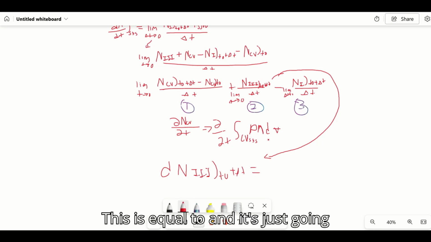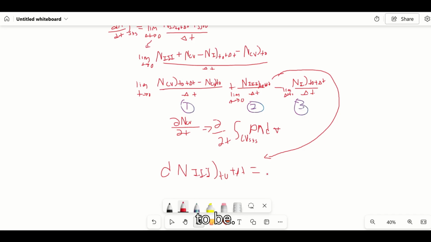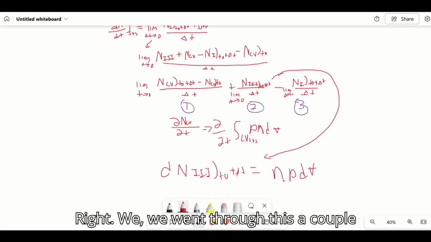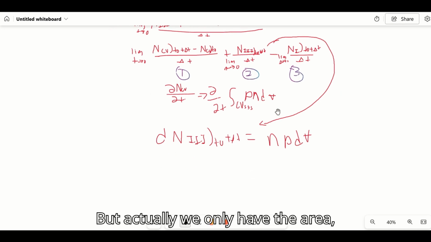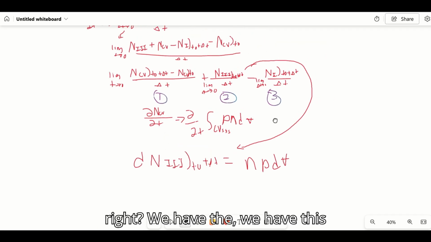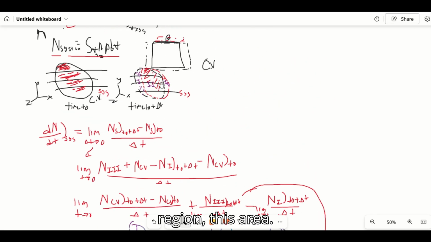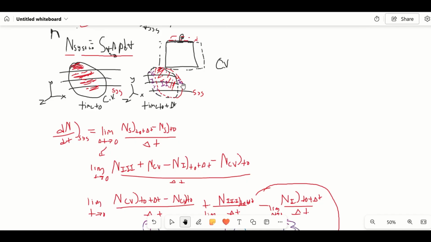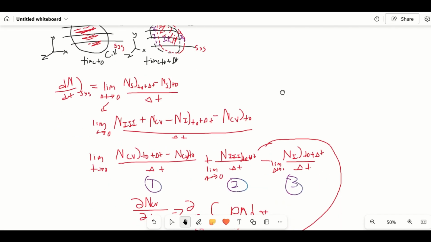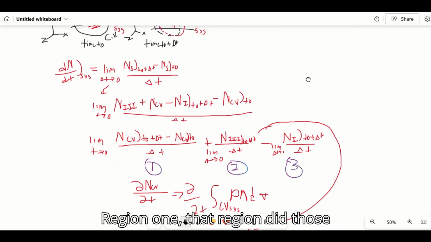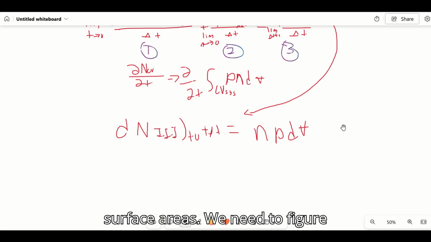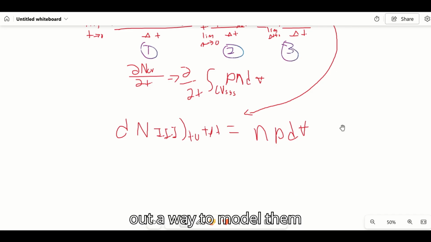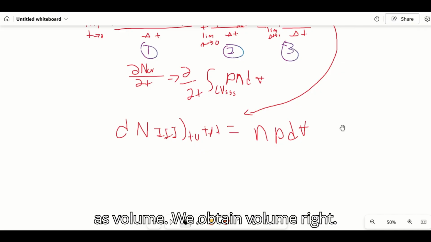This is equal to, and we went through this a couple times earlier, but actually we only have the area, right? This region is an area. Those regions, region 1 and region 3, those surface areas, we need to figure out a way to model them as volume.